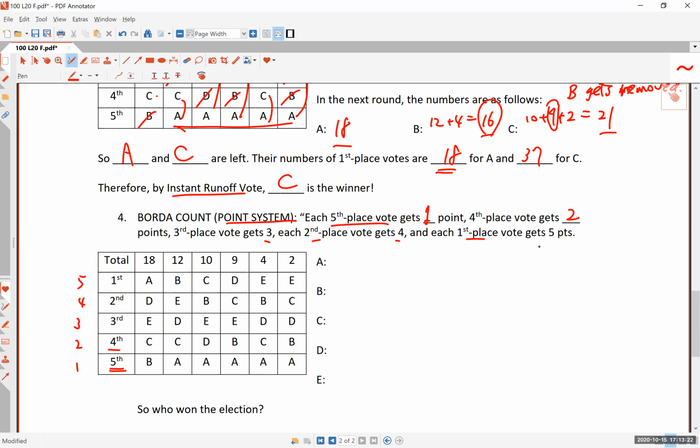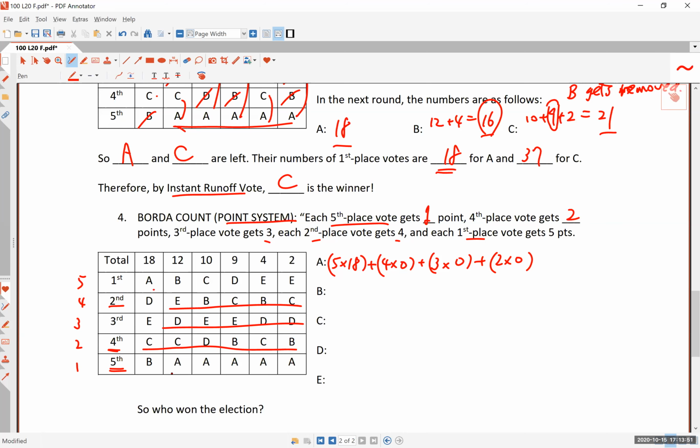Okay, let me explain how this works. A has 18 first place votes, worth 5 points each. How many second place votes does A have? Nothing, okay? How about third place votes worth 3 points each? Nothing, okay? How about fourth place votes? Does A have any fourth place votes? And the answer is no. So how many 2 point ballots does he get? None.